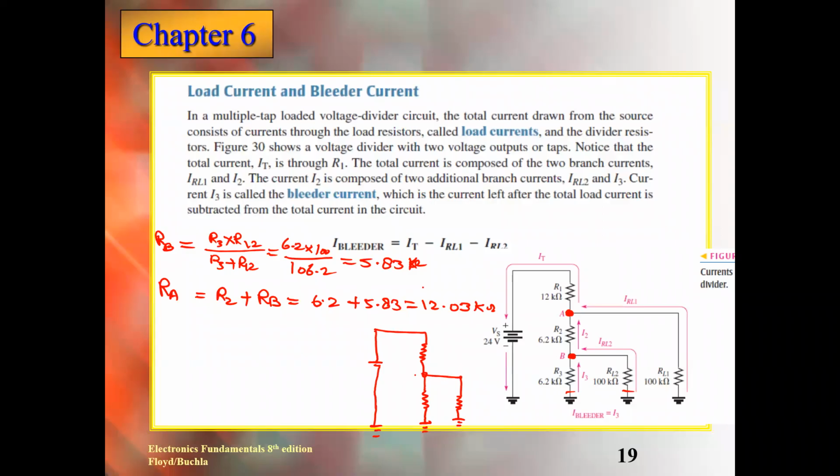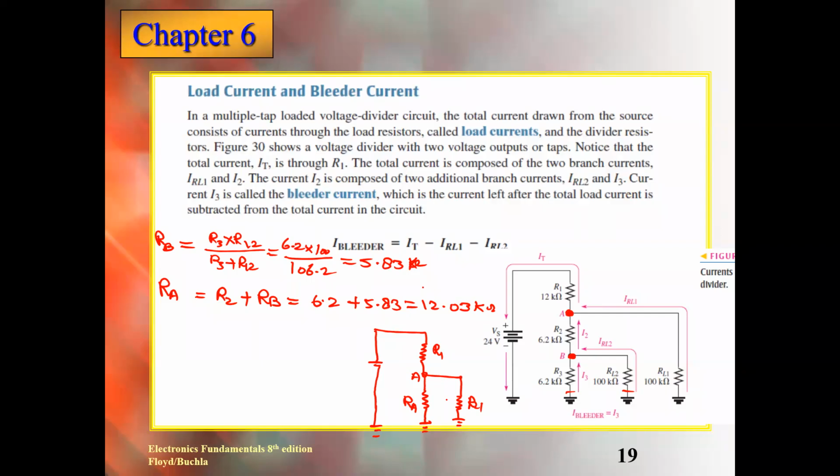Now this is point A, and this is our RL1, and this is R1. So after getting RA, what is the next step? RA is connected with the RL1, in parallel. Absolutely. So we need to calculate the parallel combination of RA and RL1.